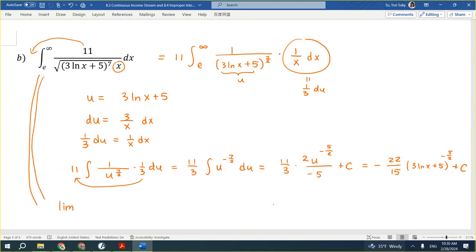The improper integral, the upper limit is infinity. So we say t goes to infinity, e to t of the function.